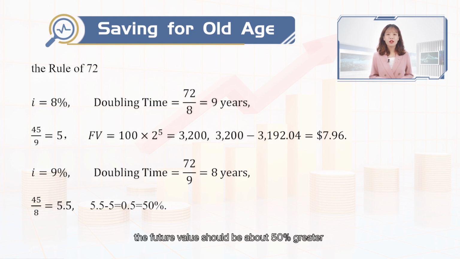Therefore, the future value should be about 50% greater than that at the interest rate 8% per year. This is also not too far from the exact answer. In conclusion, this example suggests that the rule of 72 can help us to find a pretty good approximate future value.